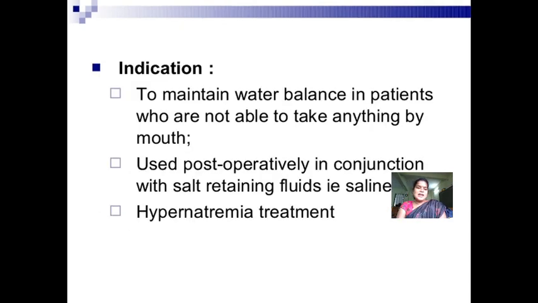It helps us maintain the water balance in patients who cannot take anything by mouth. Mostly it is given in post-operative conditions, or pre-operatively too. In hypertension patients it will be prescribed, because with NS the sodium levels will be higher, so they will mostly prescribe 5% dextrose in such cases. It is also used in the treatment of hypernatremia.